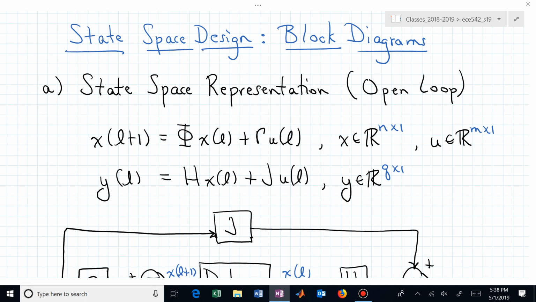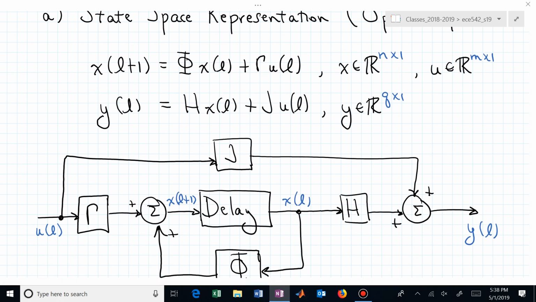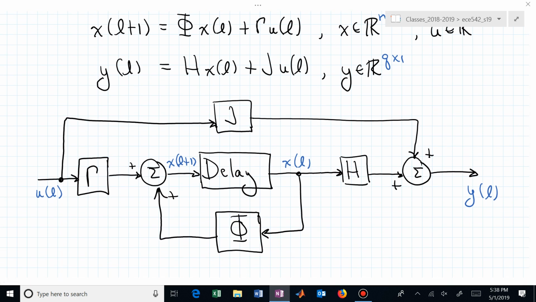We could have 80 different state space representations, and they could all be modeling the same system. We're assuming we have N state variable components, so the X vector is N tall. The input could be M tall, and the output vector Y could be Q tall.